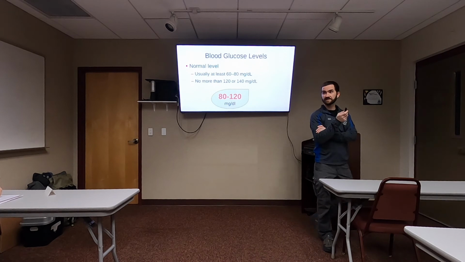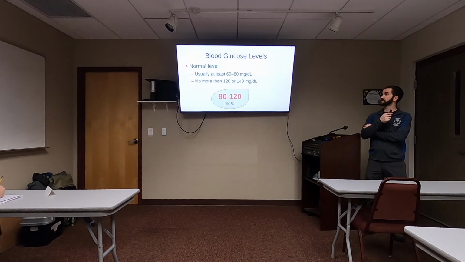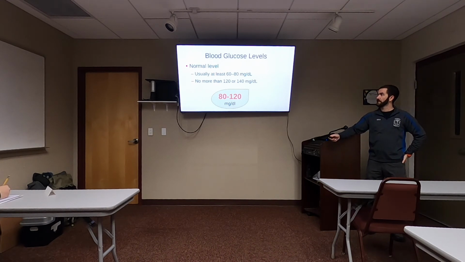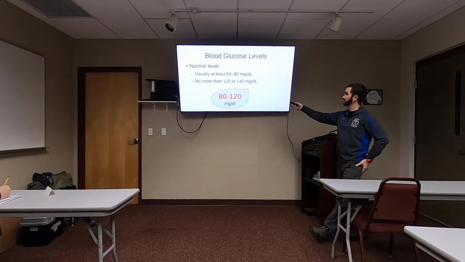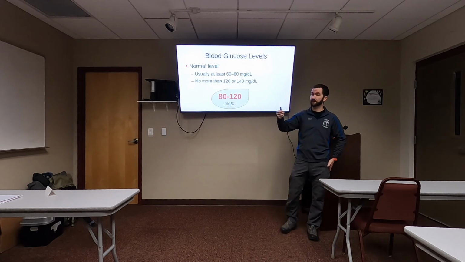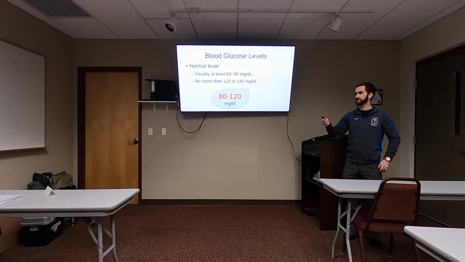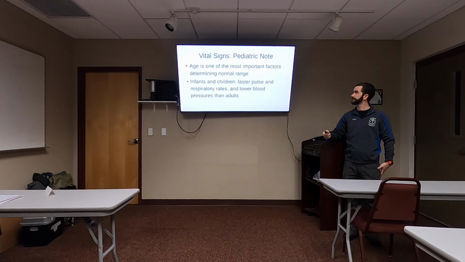If they're below 60 with altered mental status, we'll consider that hypoglycemia. If they're above 120, then they're hyperglycemic, which is not something we treat. Hypoglycemia we can treat. We just give them sugar.